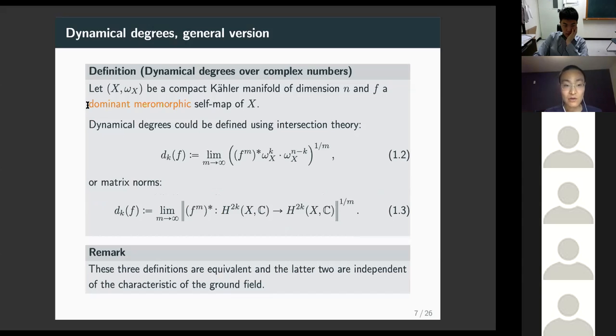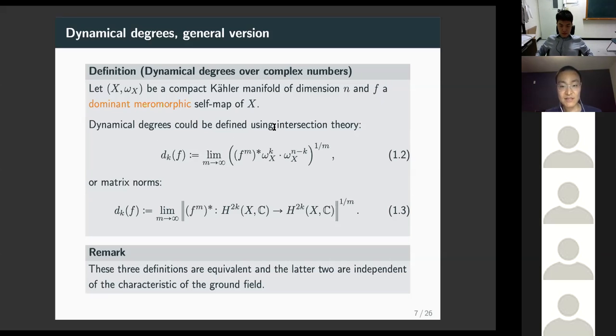Now we talk about dominant meromorphic self-maps, but in this case the spectral radius doesn't work, so we cannot use it to define the dynamic degree, because the pullback action is not functorial. The composition of two maps is not preserved by the pullback. So the dynamic degree can be defined in this way.